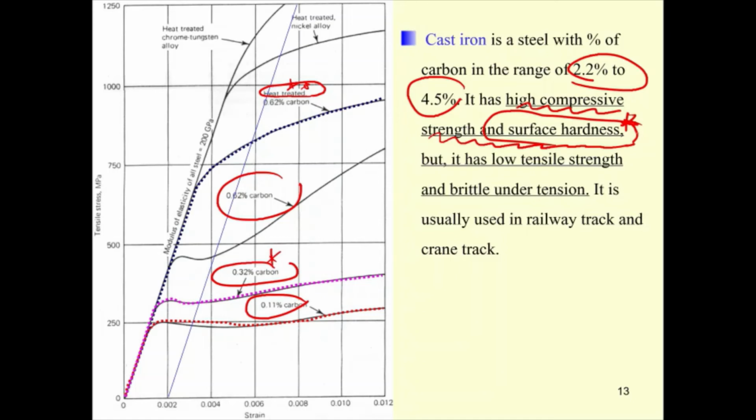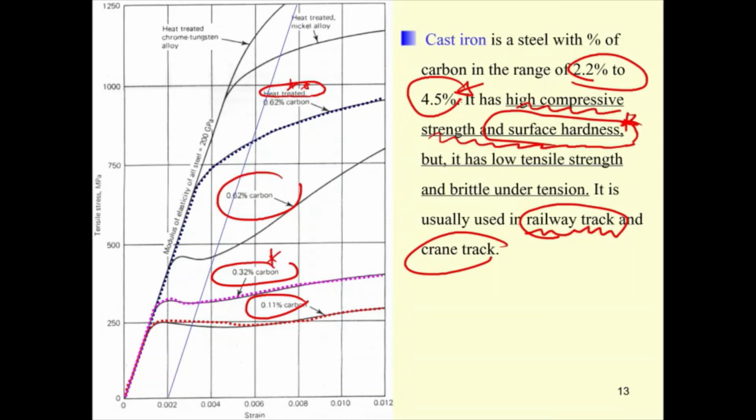Since the train puts the force on the rail in compression, cast iron is very good for the railway track or the train track. However, since you put the carbon into the steel in high percentage, that carbon causes micro cracks between the steel and the carbon.